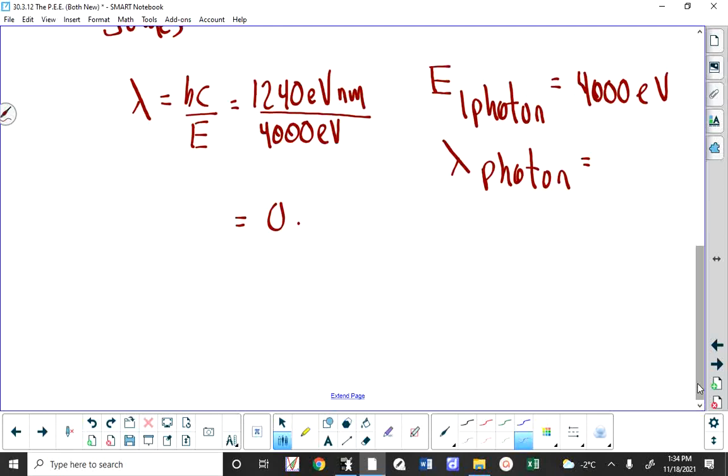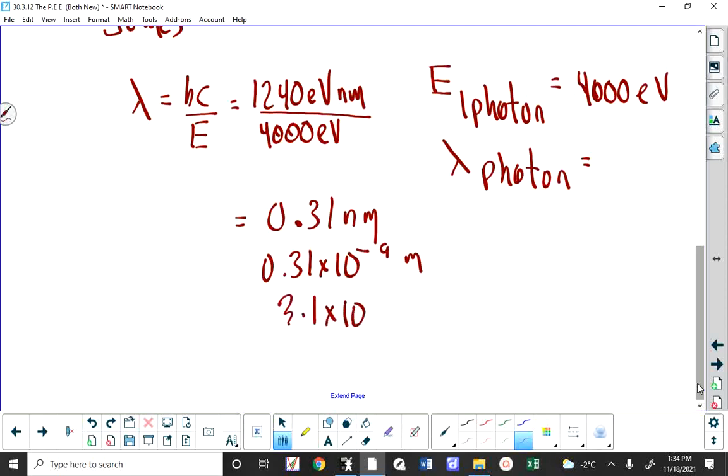So I'm going to say 0.31 nanometers, which is 0.31 times 10 to the negative 9 meters, which is 3.1 times 10 to the negative 10 meters. Oh, 10 to the negative 10, X-ray. That was a set of numbers I wanted you to try to remember.